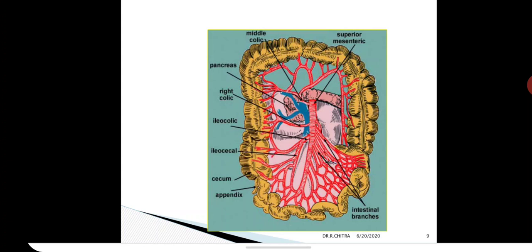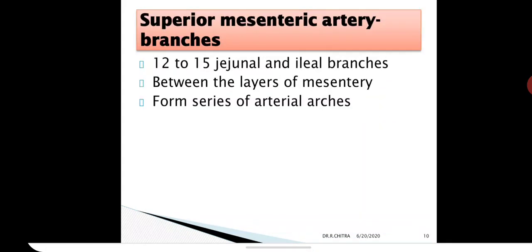From these arcades, straight vessels known as vasa recta will arise, then supply the jejunum and ileum. The vasa recta are the end arteries. Twelve to 15 jejunal and ileal branches between the layers of the mesentery form the series of arterial arches.